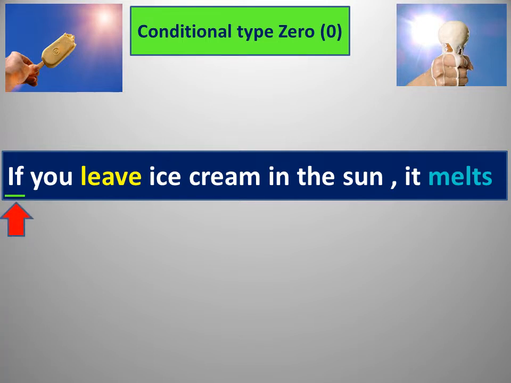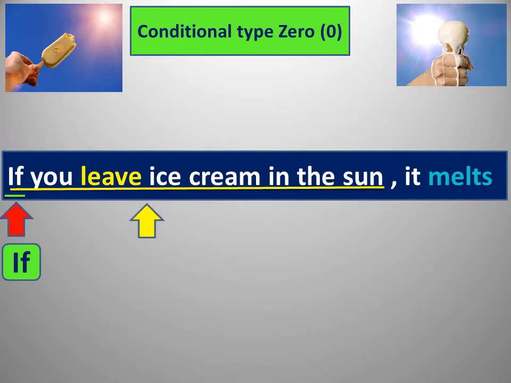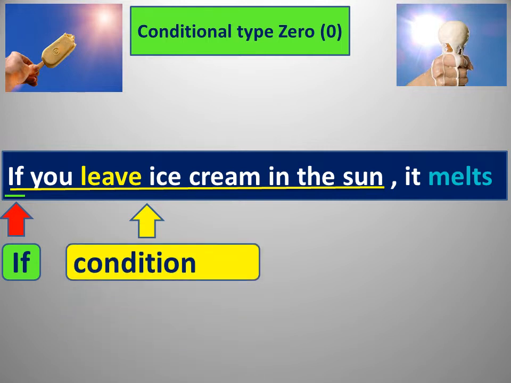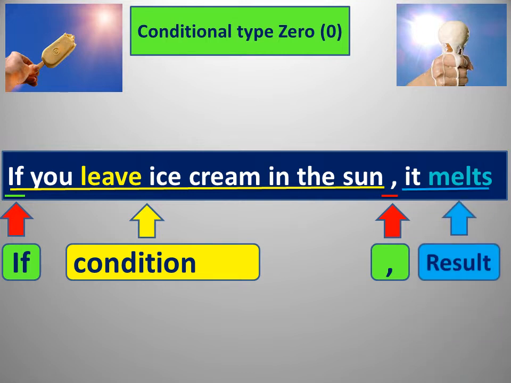So we have if, and we have if you leave ice cream in the sun as a condition. We have a comma. It melts is the result. Okay? If plus condition plus comma plus result.